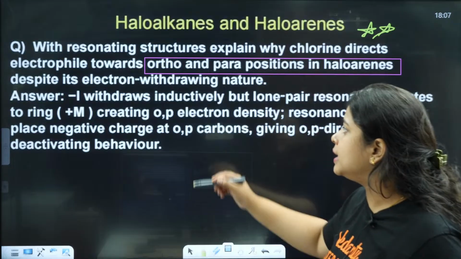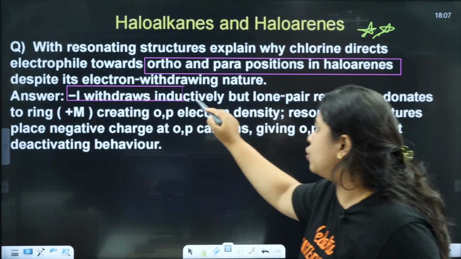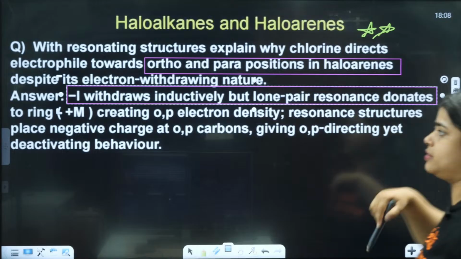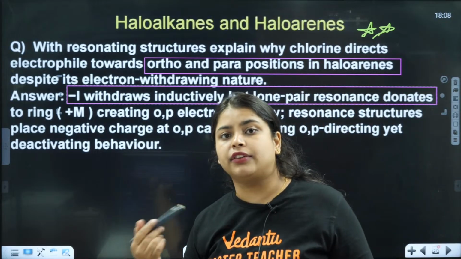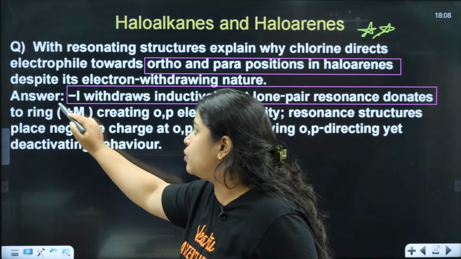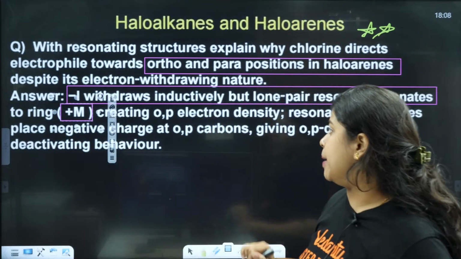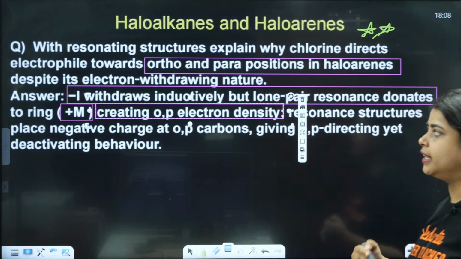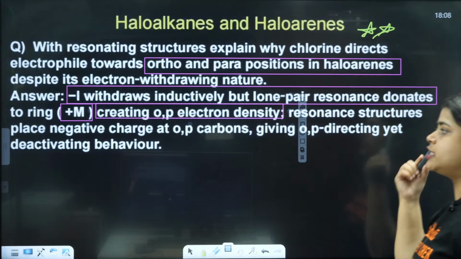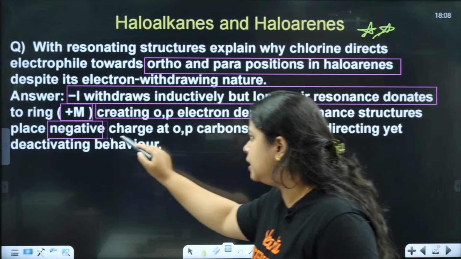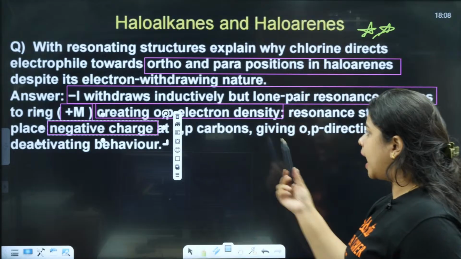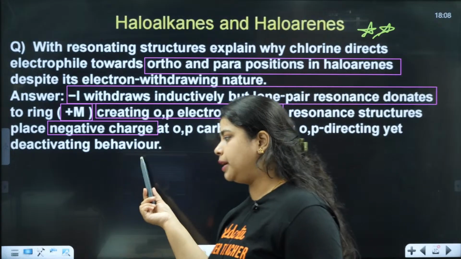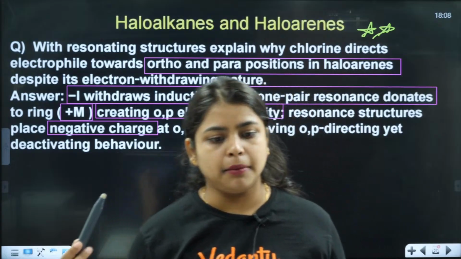There is an inductive withdrawal, but the lone pair donates by resonance to the ring. That is going to be the plus M effect, creating pi electron density. The resonance structures place the negative charge at the ortho and para carbons, giving ortho-para direction despite the deactivating behavior.